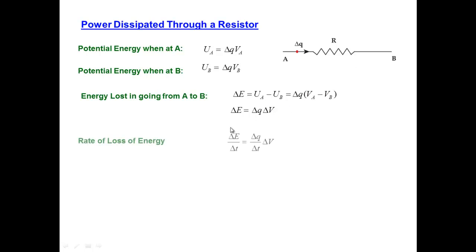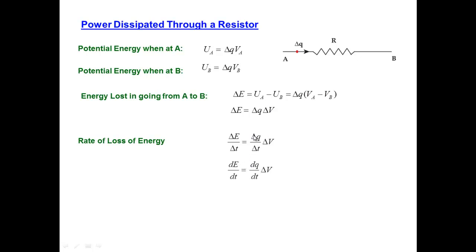So what I can do with this equation, if I want to find out how much power is lost in the resistor, is realize that power is energy per unit time. So let's divide both sides of the equation by a time delta T. When we do that, we get delta E over delta T, which is delta Q over delta T times delta V. Right here, delta Q over delta T is simply the current.